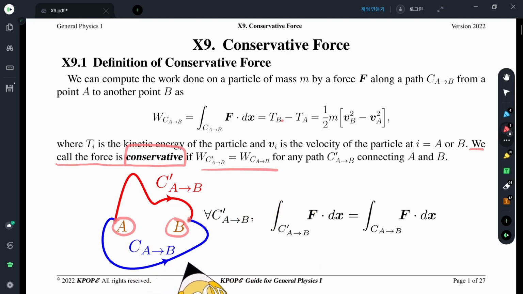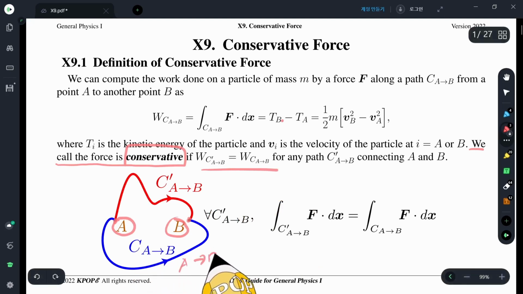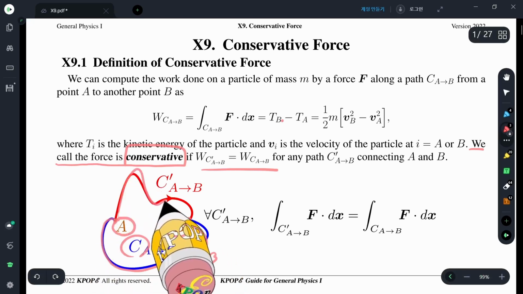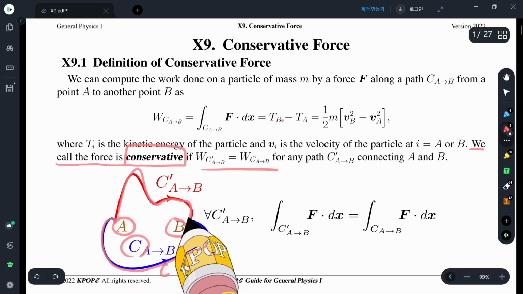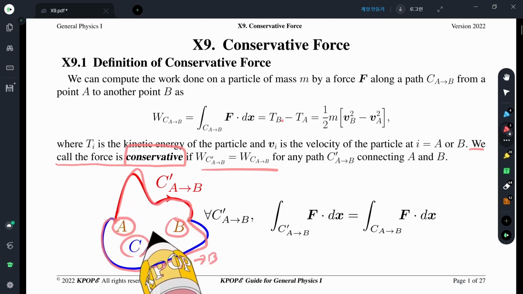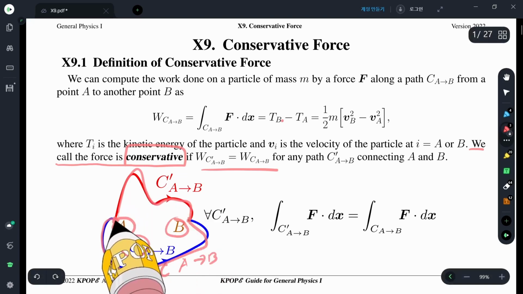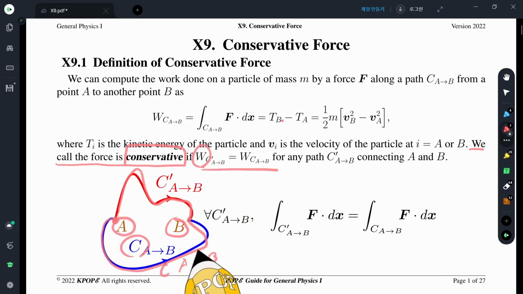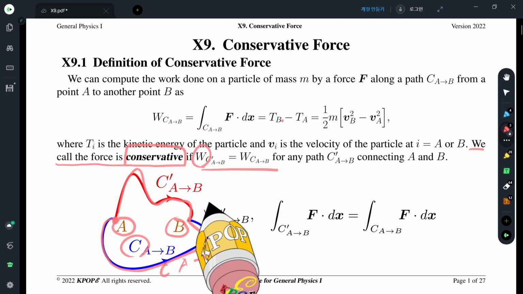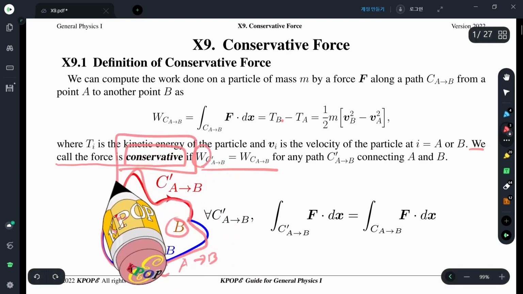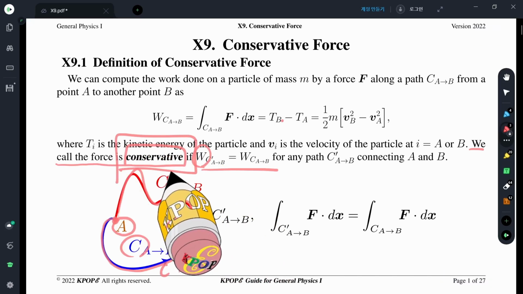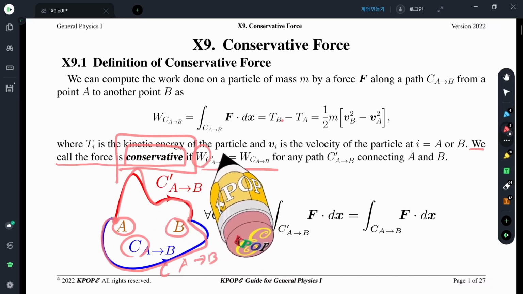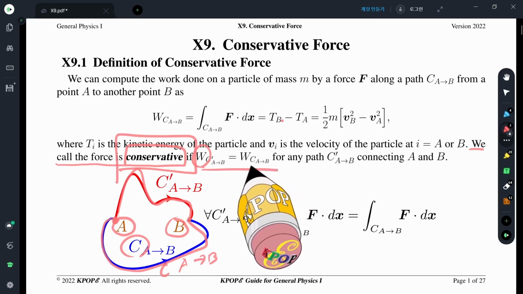This is a path C, A to B, this blue path, and this red path, they are different. Although the paths are different, the work done by the force along the path is independent of path. So conservative force is the force whose work is independent of the path.